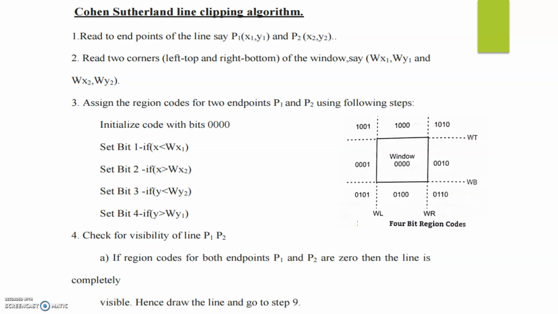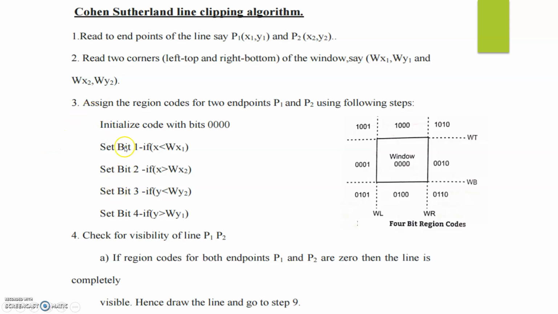P1 has coordinates x1, y1 and P2 has coordinates x2, y2. Then the second step is to read two corners, that is left top and right bottom of the window, say WX1, WY1 and WX2, WY2.